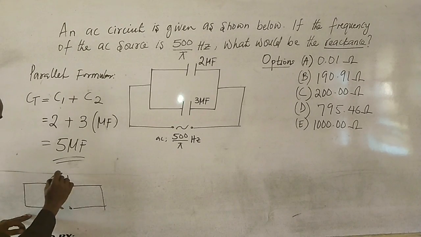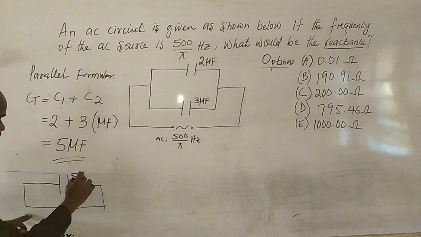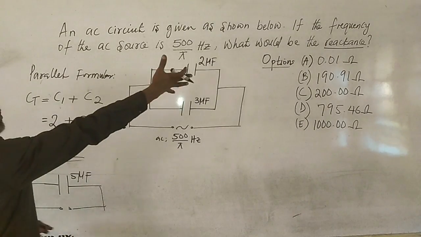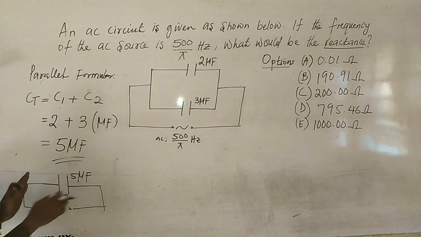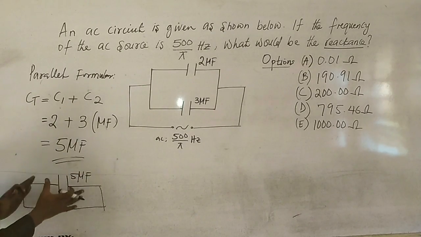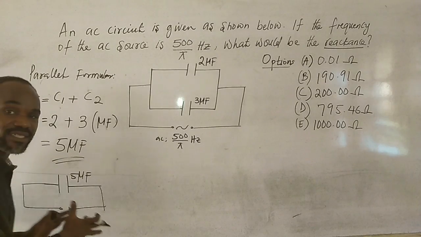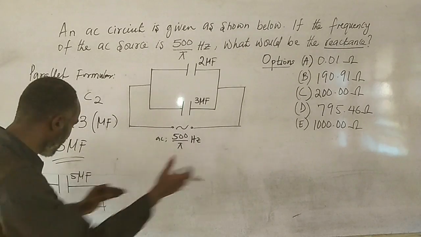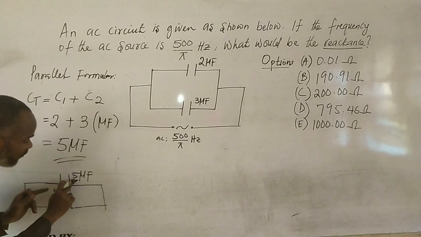Very simple. This time it is now 5 microfarad. No longer is the split being calculated. This is the total capacitance in an AC circuit, and the value is 5 microfarad.